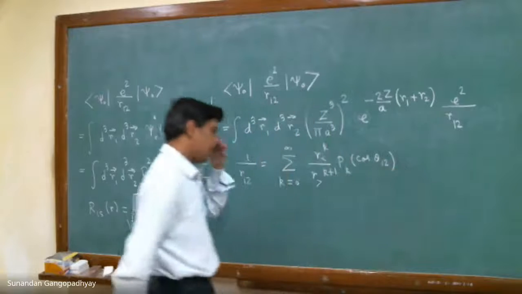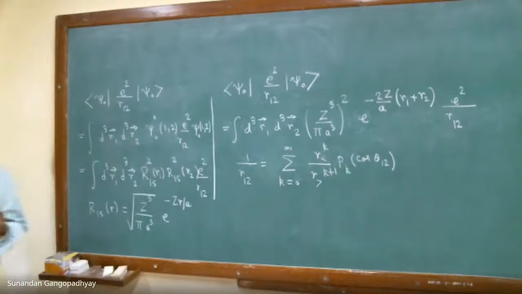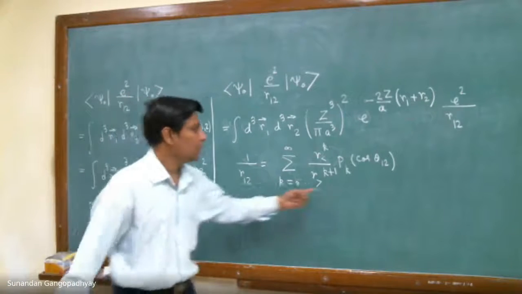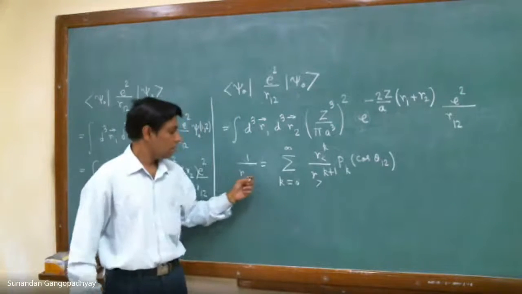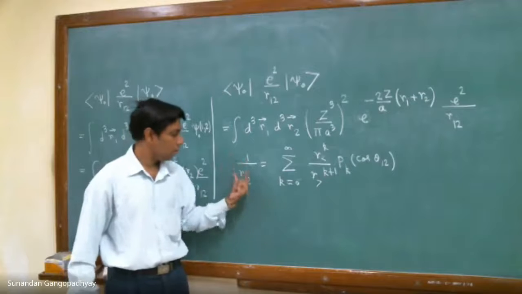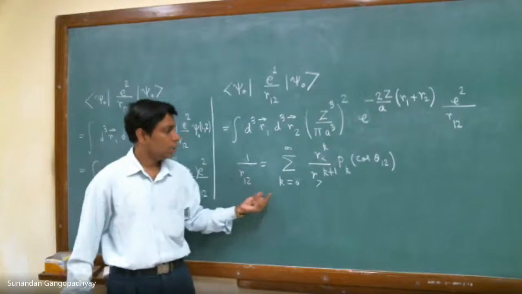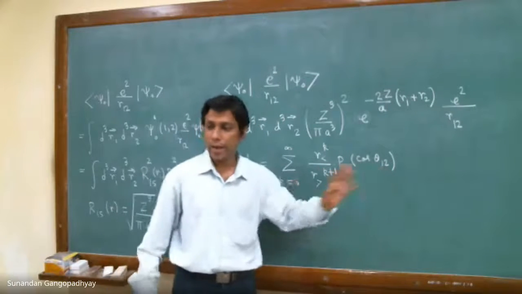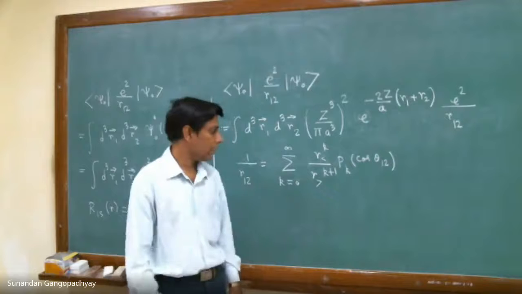What is theta 12? Theta 12 is basically the angle between the two vectors r1 and r2. So this is the standard expression for 1 by r12 in terms of Legendre polynomials. These are the Legendre polynomials.